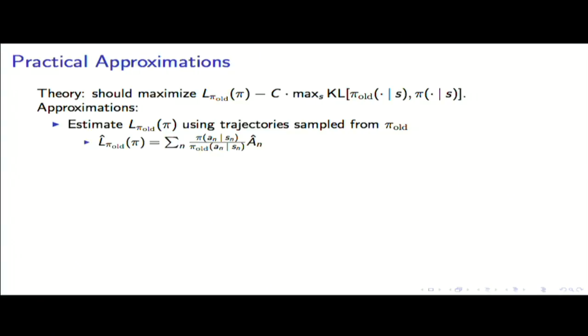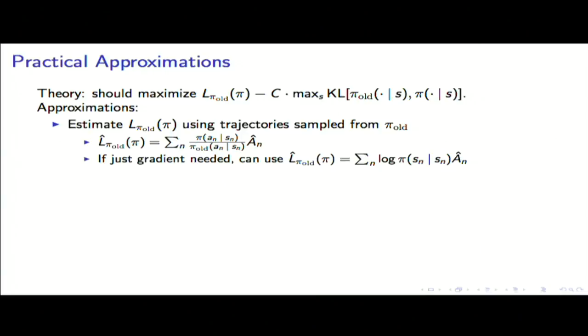Okay, so we're going to make a bunch of approximations. First of all, we're going to use sampling to get all of our states. So we're going to replace an expectation by a Monte Carlo estimate. Here we have L hat, which just means we're taking a Monte Carlo approximation to L by collecting samples.